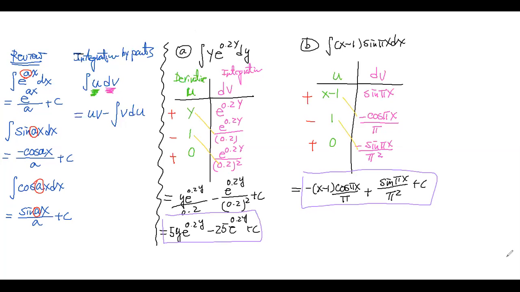Now let's take a look at the next problem. Let me go to the next page. Okay, that is problem c, right? We still do the same way. This is t squared sine beta t dt. As you can see, this is a polynomial with a trig function, so we can use the tabular form.